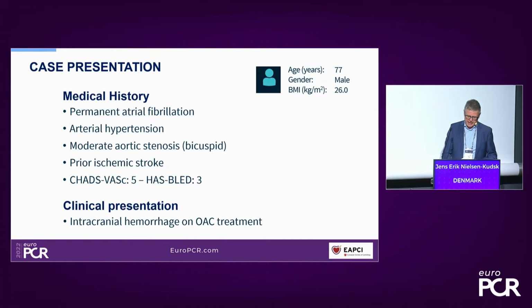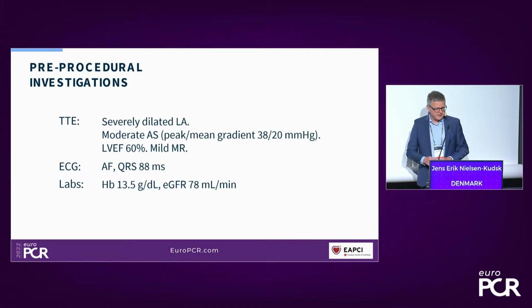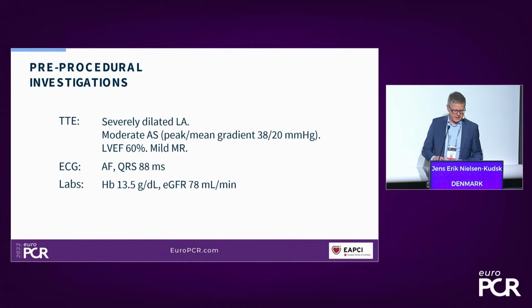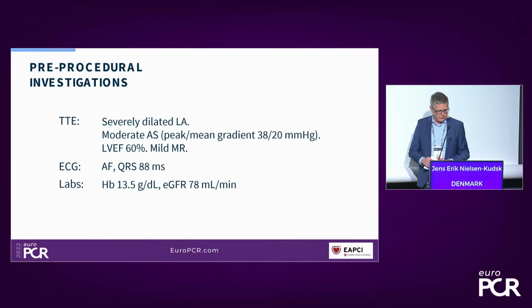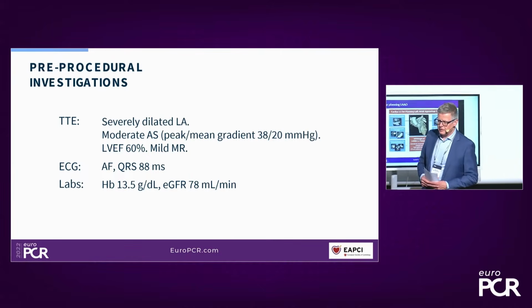So he's a really good candidate for left atrial appendage closure. Looking at his transthoracic echo, he has a severely dilated LA, a moderate valve stenosis, good left ventricular function, okay renal function, and normal hemoglobin count. So we are going to do LAA closure for this patient.